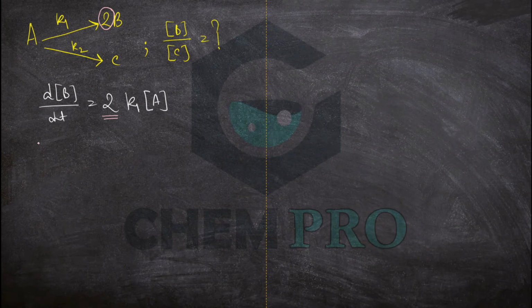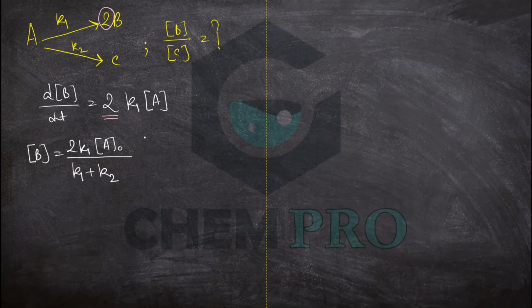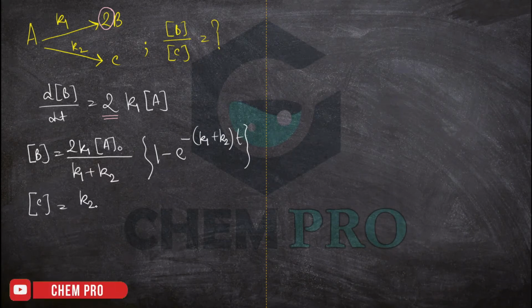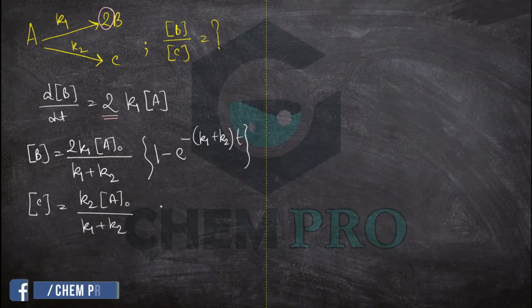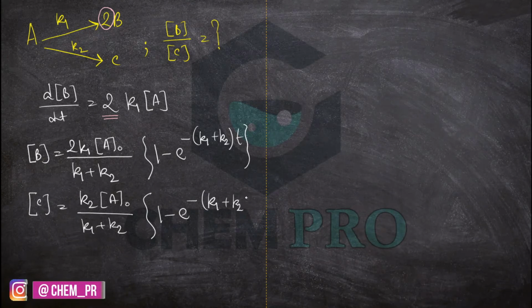So now we can write the formula of concentration of b as 2 k1 into a0 by k1 plus k2, into 1 minus e to the power minus k1 plus k2 into t, and for c it will be k2 into a0 by k1 plus k2, into 1 minus e to the power minus k1 plus k2 into t.